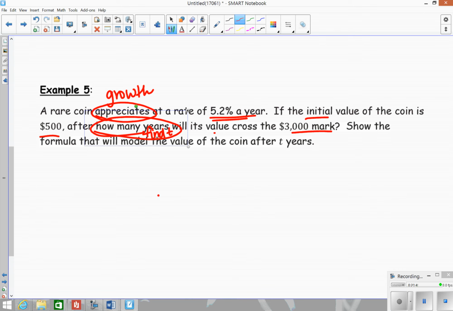So start with our formula. If it's growing with a percent, we're going to use a times 1 plus r to the t. We know some information right off the bat. Remember, this 2 decimal places is going to be 0.052. Make sure you're paying attention that it's moving 2 decimal places to the left, or just take 5.2 and divide it by 100. I know when the percents have decimals, you still got to convert the percentage into a decimal by dividing by 100.